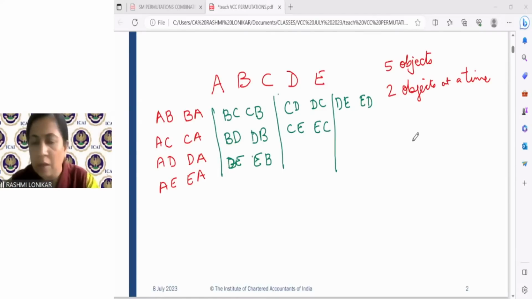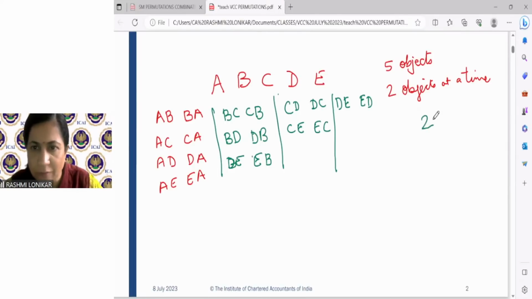So how many do we have? Yes, Asha, good afternoon. There are 20. Some are saying 10. Why? There are a total of 20.